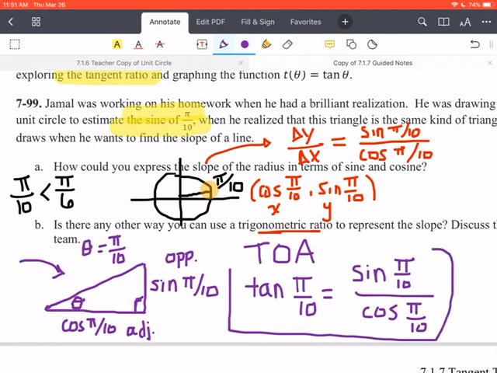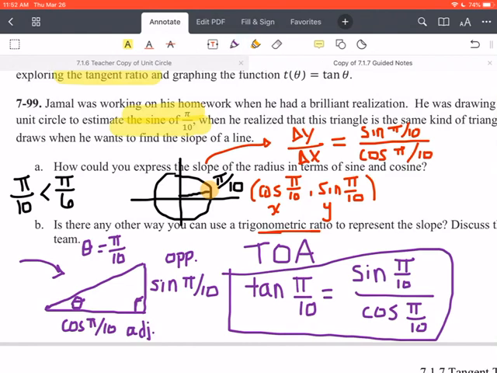So we are going to do some calculations, and what I'd like you to do is find the sine of pi over 10 on your calculator. That is about 0.309. I'm going to write these off to the side just to show you that it all works.